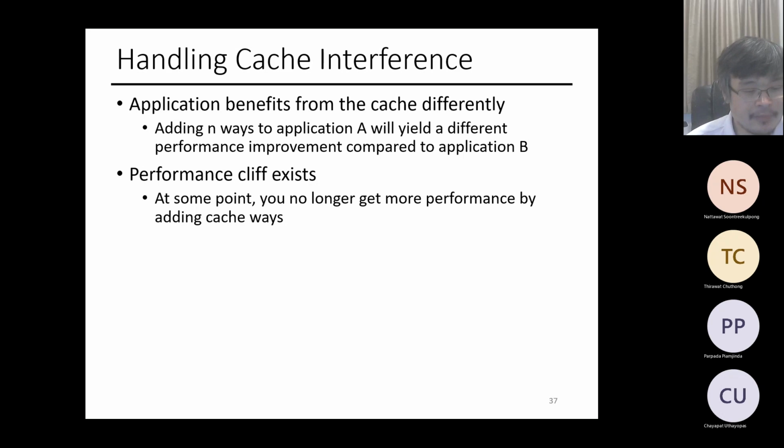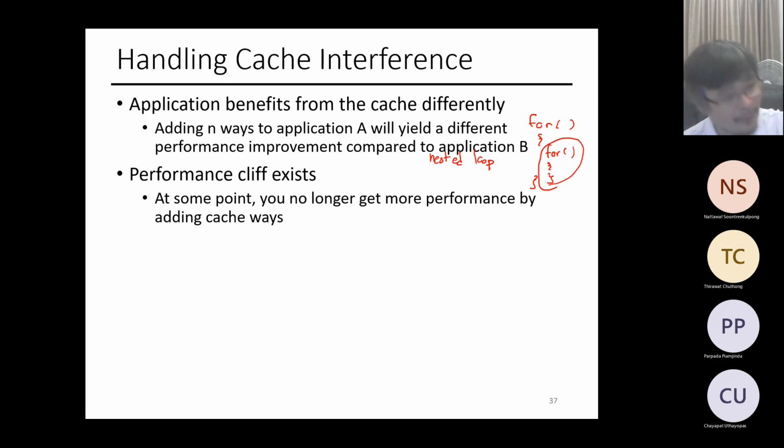There's this thing called performance cliff. For example, you have a nested loop, where you have the outer loop, and in there you have the inner loop, right? If you can cache everything in the inner loop, it's good.